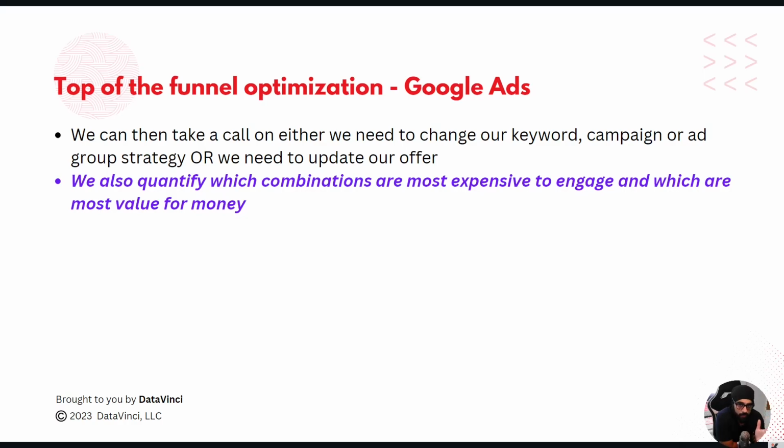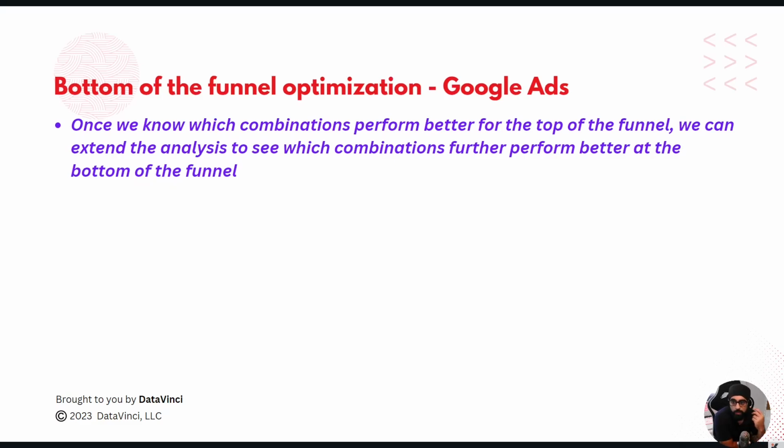If that is your business proposition and you cannot change your positioning, you cannot change your offer, then based on that, which combination of ad groups, keywords, or campaigns are the most expensive to engage, and which are the most value for money? And then you can optimize your bidding strategy and budgets towards those who are value for money against those who are expensive. So now we are discussing the bottom of the funnel optimization.